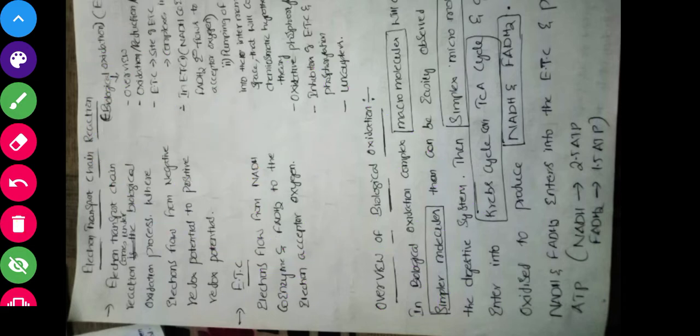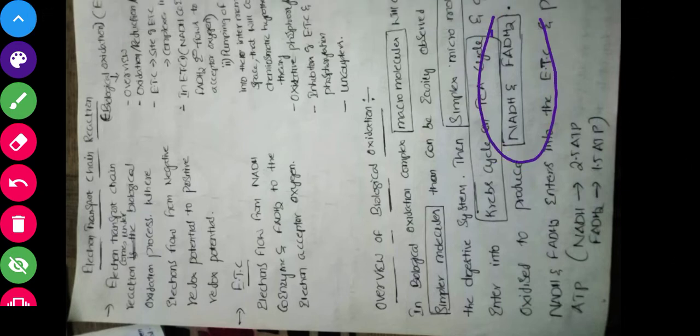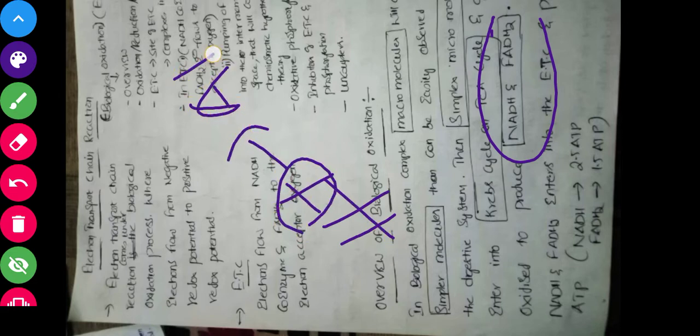This is the step where we synthesize FADH2. This NADH and FADH2 are responsible for supplying the protons, which are responsible for synthesizing ATP, right?